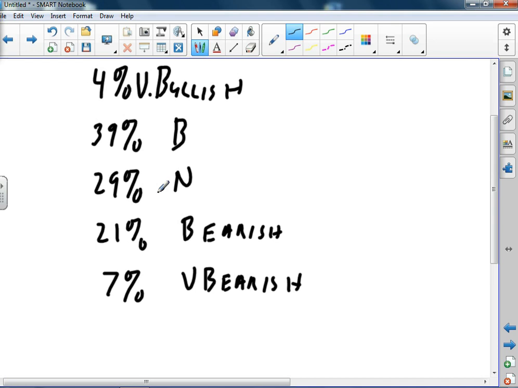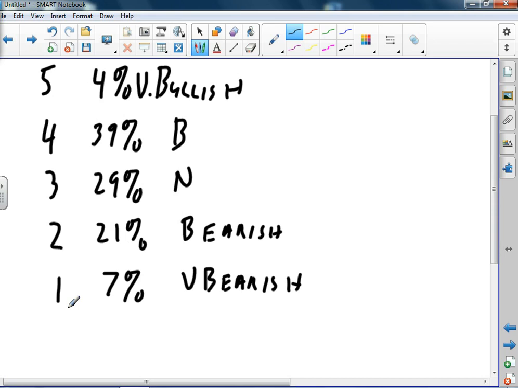Let x be the random variable reflecting the level of optimism. Set x equal to 5 for very bullish and 1 for very bearish, so this is going to be 5, 4, 3, 2, 1.